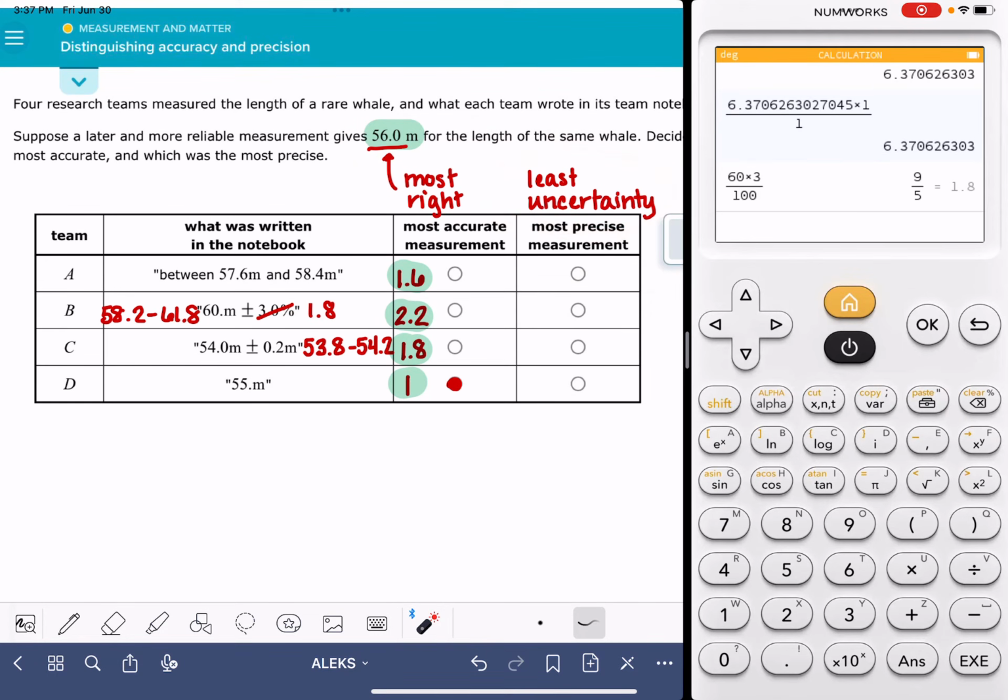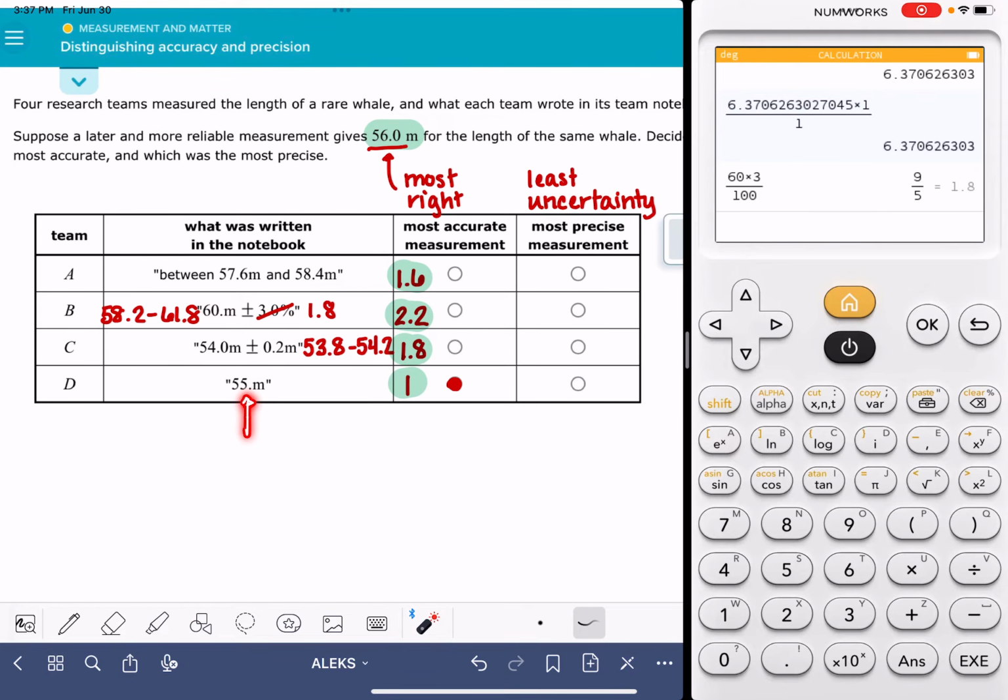Now let's take a look at uncertainty. Again, don't assume that the most correct number is the one that has the least amount of uncertainty. Sometimes that's the case, sometimes it's not. For uncertainty, I'm going to start from the bottom again because this one is the easiest. If we're just given a number and there isn't any kind of error communicated in the number, then the uncertainty is expressed by the significant figures in the number.